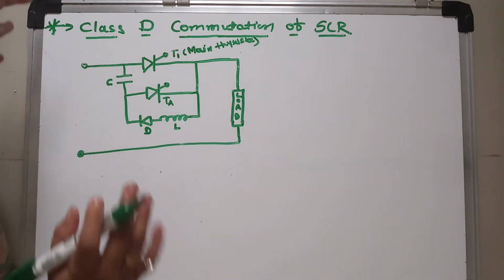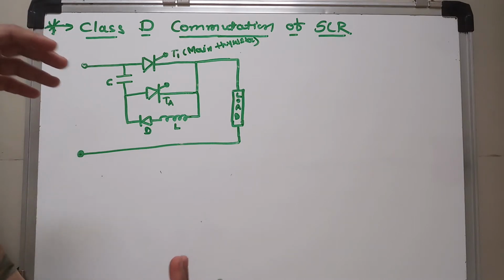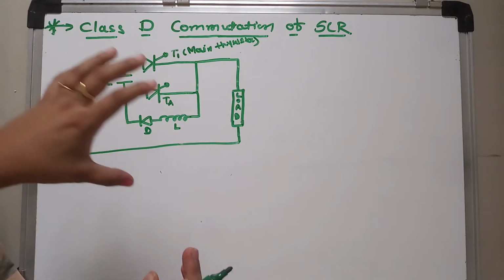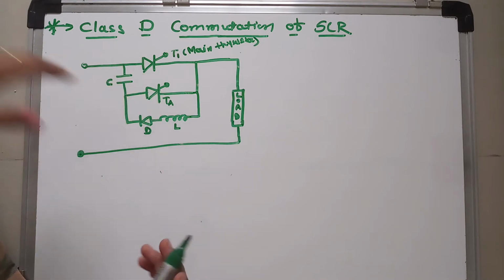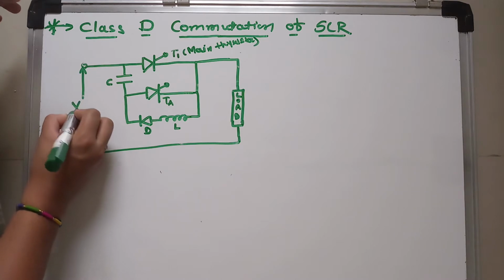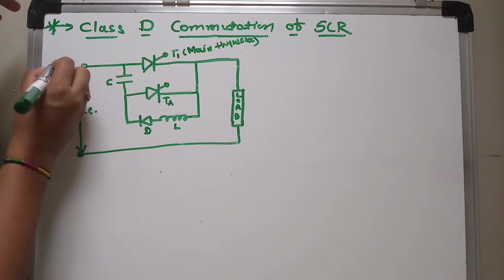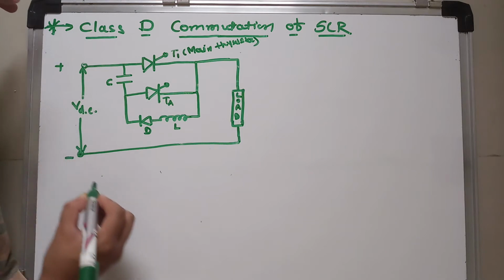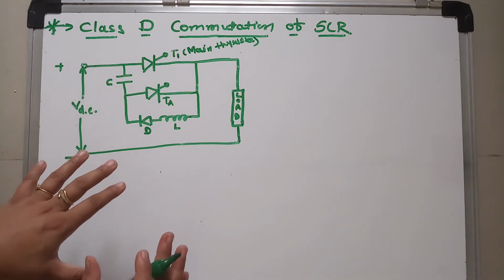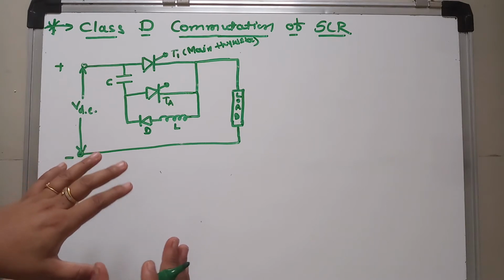Always in a forced commutation the circuit is energized with a DC source, so here we are giving the DC supply, VDC, positive and negative. Now we will see step by step how this circuit works.